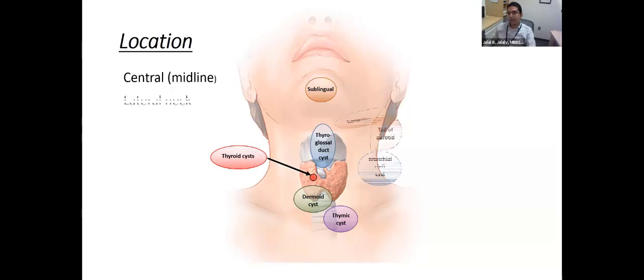Moving on to the lateral neck, the most common congenital cyst in the lateral neck is the branchial cleft cyst, but other important organs in the lateral neck include the parotid. Usually it will be lesions in the tail of the parotid gland, but you can also have lesions occurring in the submandibular gland.